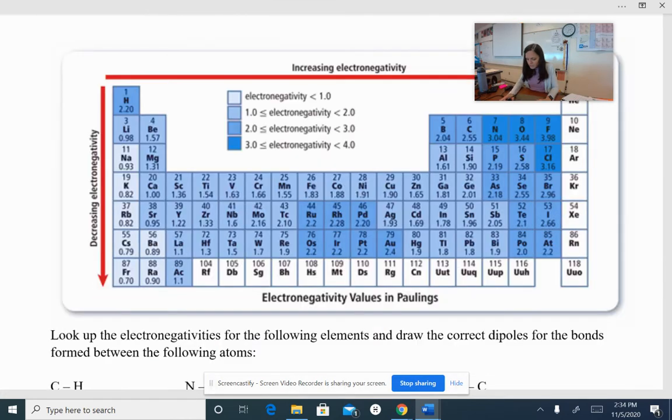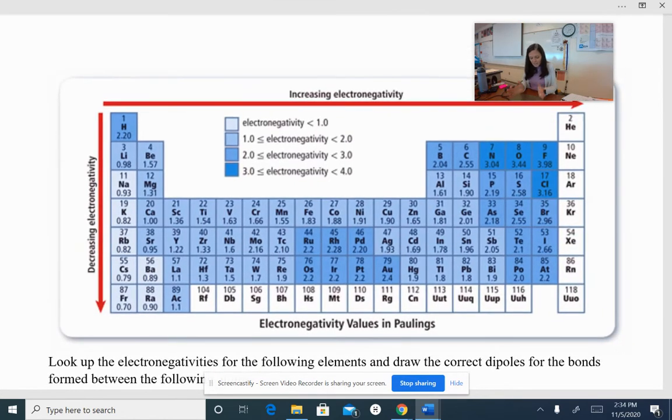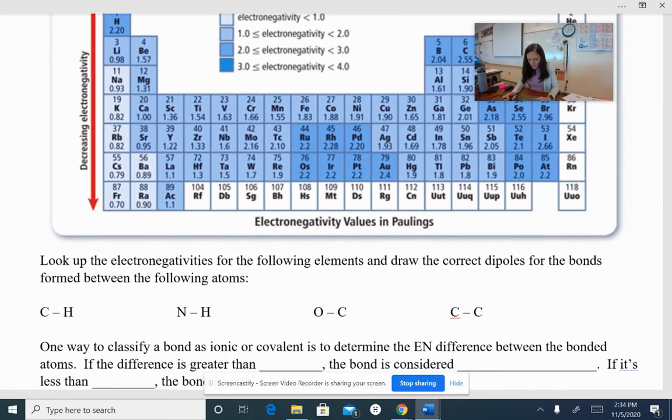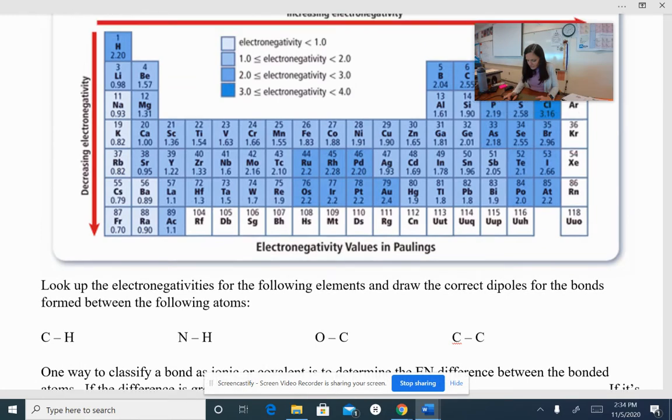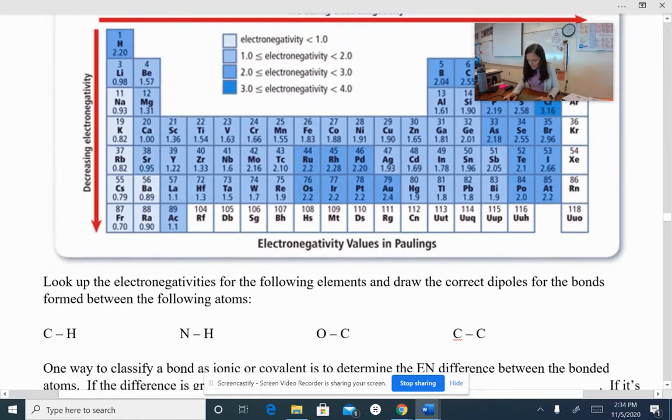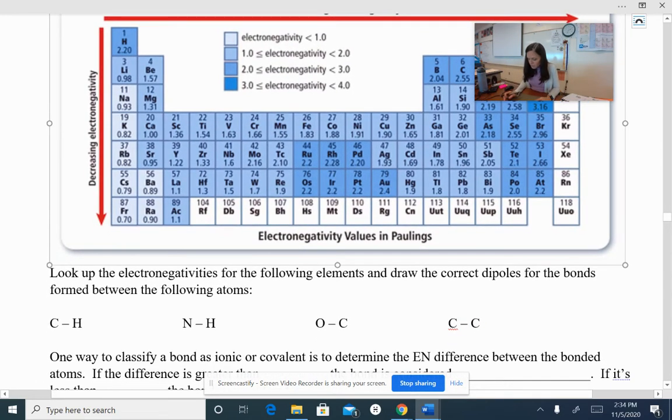So, here's our electronegativity chart again. Okay, so let's look at a couple more examples of polarity here. We're going to look at the electronegativities for the following, and we're going to draw the correct poles.